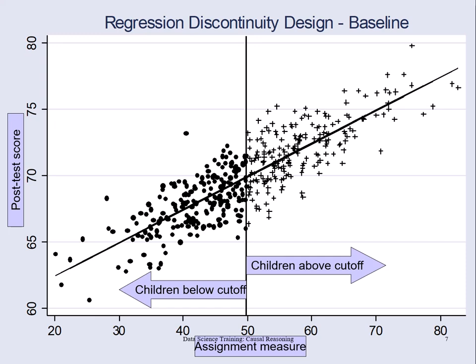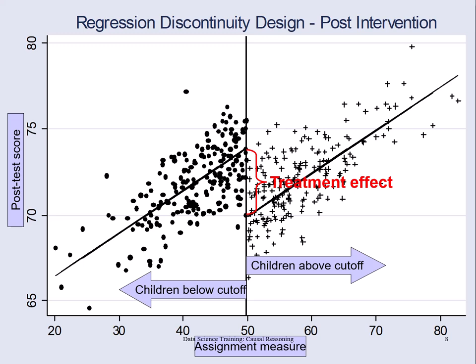So in the absence of treatment, this is what it would look like. There is a clear continuity between children below the cutoff and children above the cutoff in the relationship between assignment measurement and post-test score. Now, after treatment, you would expect a discontinuity.